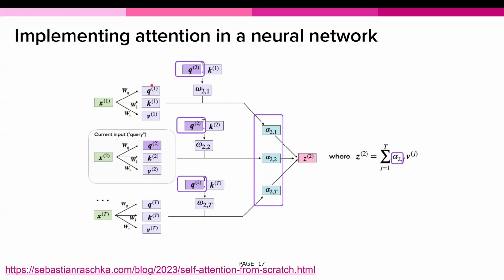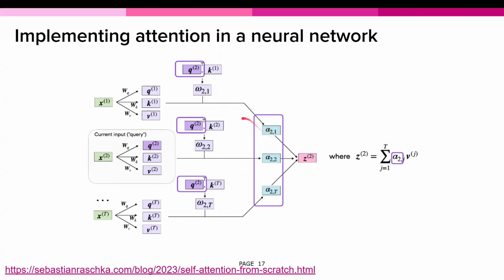To compute, for example, attention for the second input element, the query is going to be compared with the keys K1, K2, all the way up to KT from all the other elements in the sequence. That comparison is done with dot products to generate the alignment scores, which are represented here as omega.